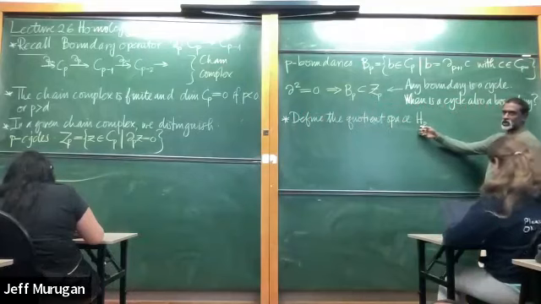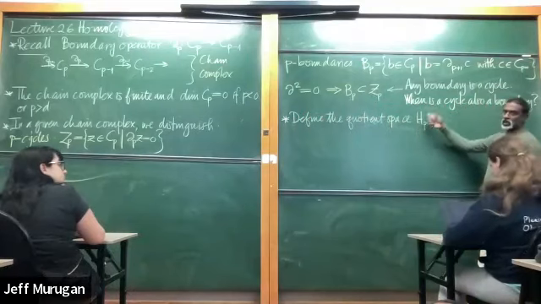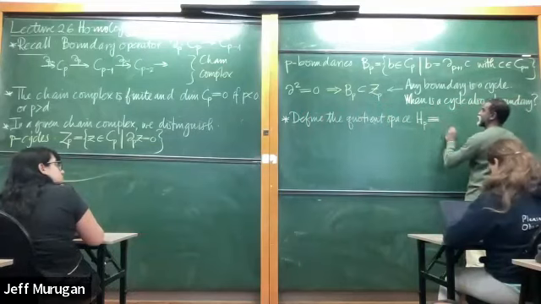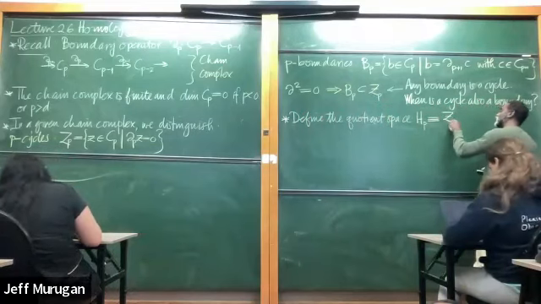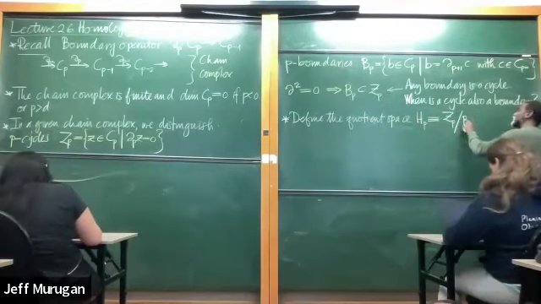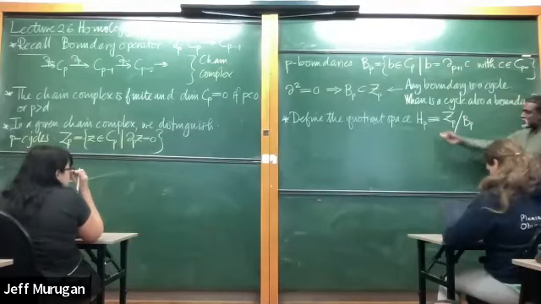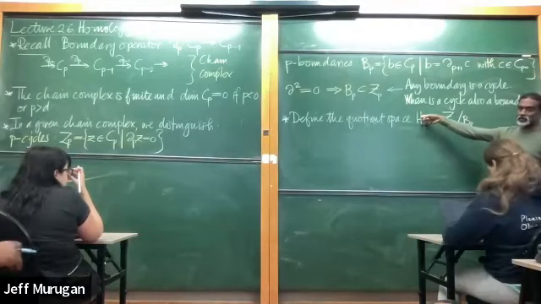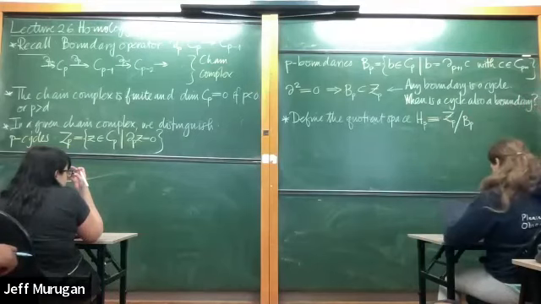What we did with the cohomology space, with the labeling p upstairs, here the homology will be downstairs. And this will be Z_p over B_p. And this defines for us the p-th homology space. Depending on what we're defining it over, if we define it over the reals, it's a vector space; if we define it over the integers, it's a module. But in either way, it carries the group structure with it.